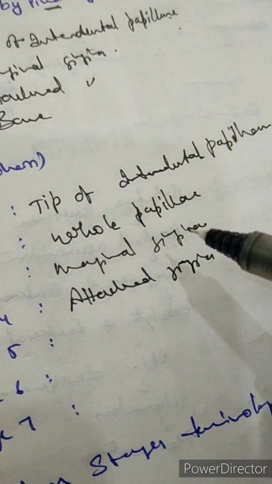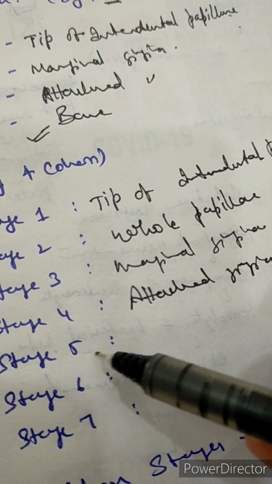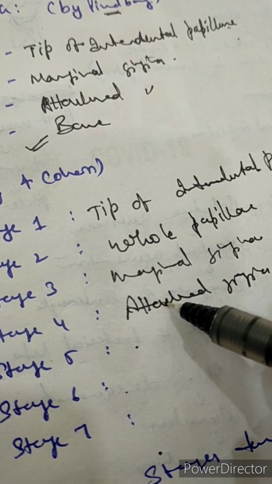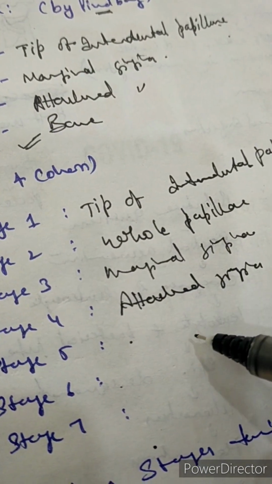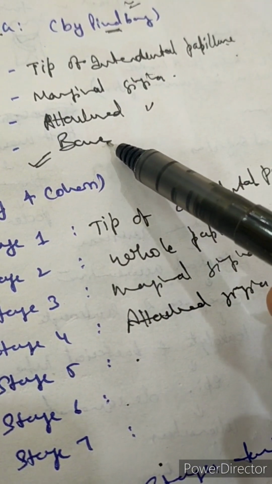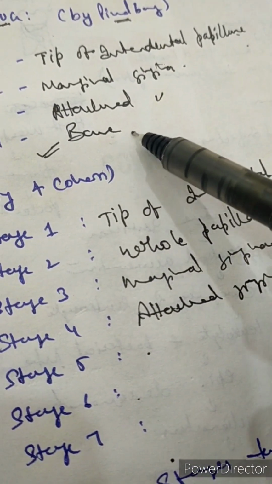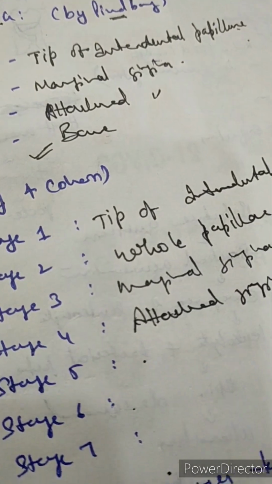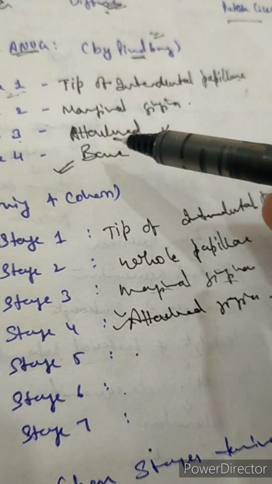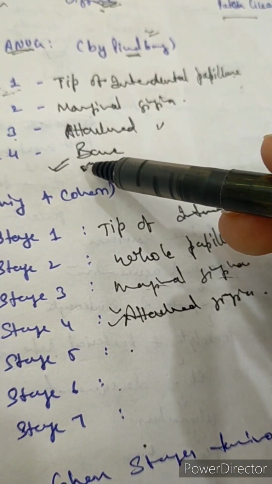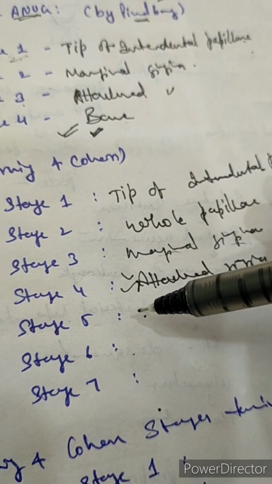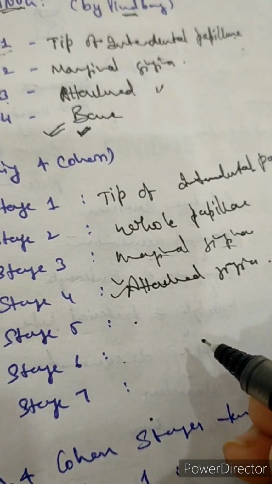Now after marginal and attached, for stages 5, 6 and 7, what are we going to do? Before going to the bone, Cohen and Horning gave stages 5 and 6 also. Sorry, stage 6 is the alveolar bone.